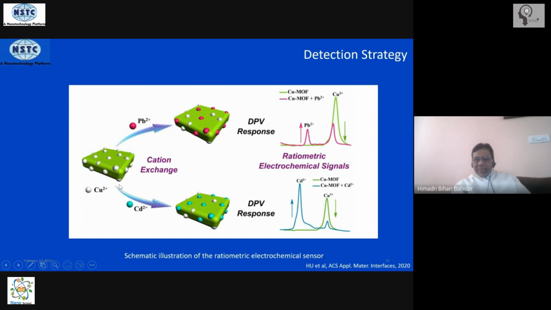The story is the same if I replace lead with cadmium. The same two peaks will be there. One signal will go up, the other signal will come down because the quantity of copper is going down. So it will go down because copper is replaced by cadmium. Same story here. Lead is replacing copper. So copper goes down, lead goes up.